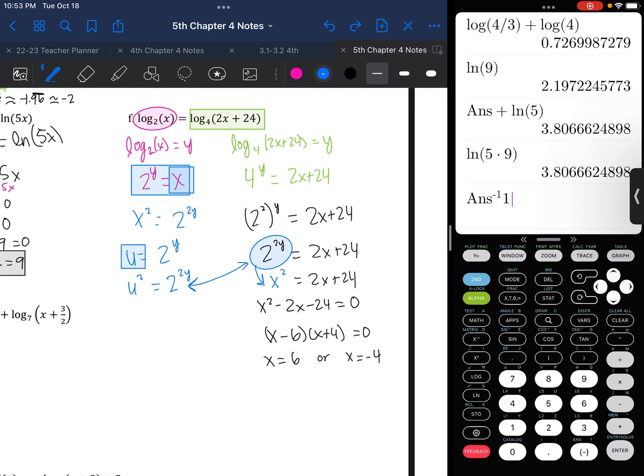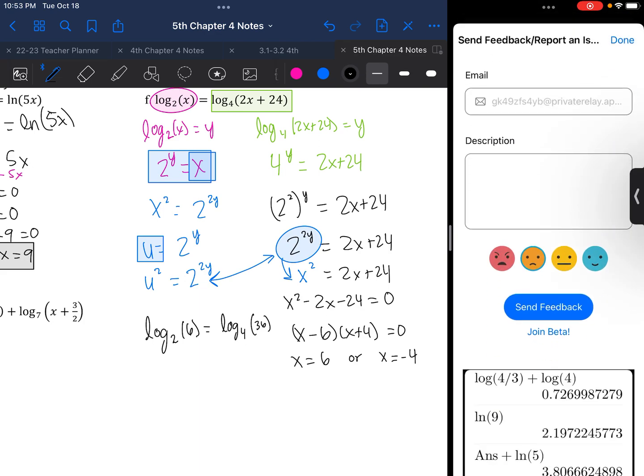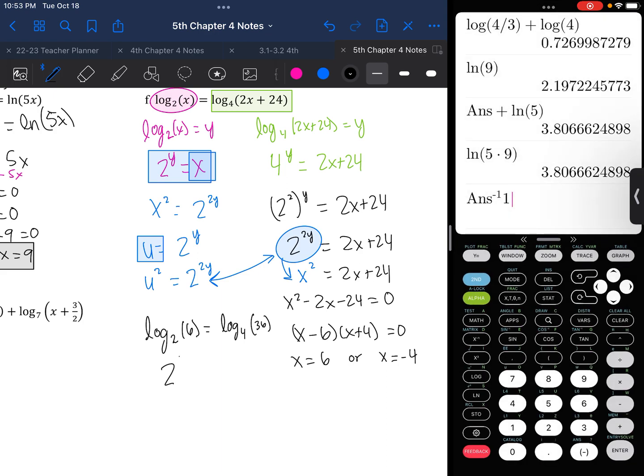Then again, we do have to check for extraneous solutions. So log base 2 of 6 would need to equal log base 4 of 12 plus 24, which would be 36. So think about it this way: 2 to what power is 6? 4 to what power is 36?